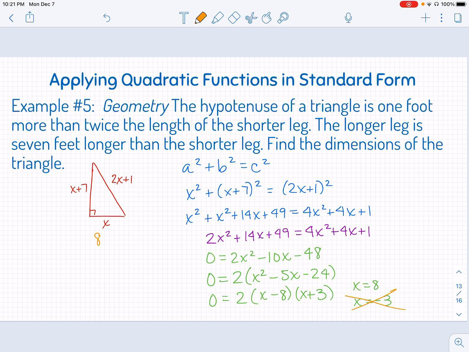So I know this side is 8 because it's x. And then this side is going to be 2 times 8 plus 1, so 17. And then this side is going to be 8 plus 7, so 15. And if anything seems odd to you, you can always go back into the description and make sure it checks all the boxes.